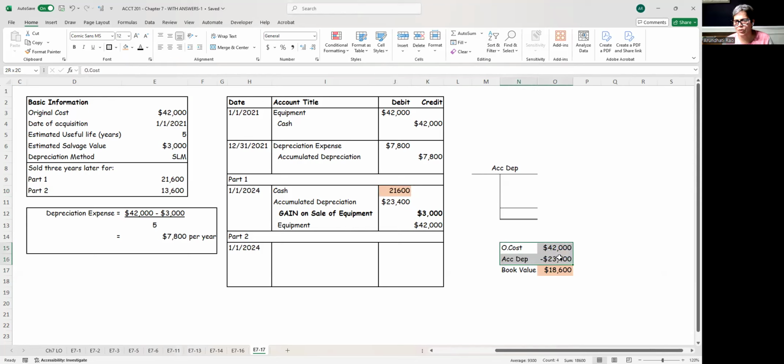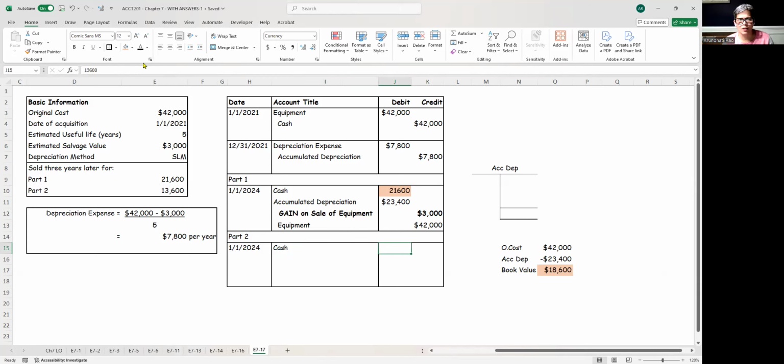Now, these numbers are not changing in part two. Those stay the same. So I'll write the 42,000 over here. Actually, all of this stays the same here, so I don't need to really make any change over there. Now, in part two, they're telling us same thing.